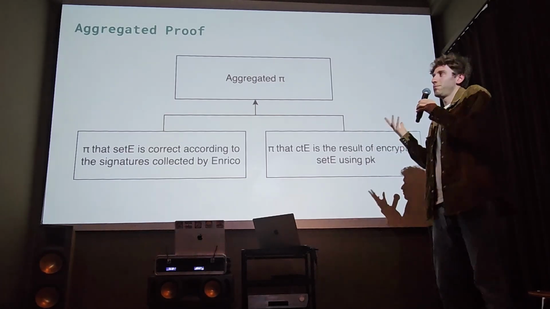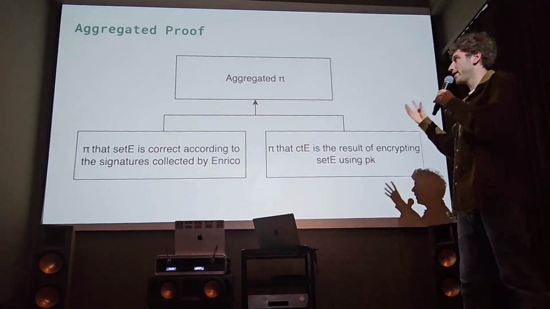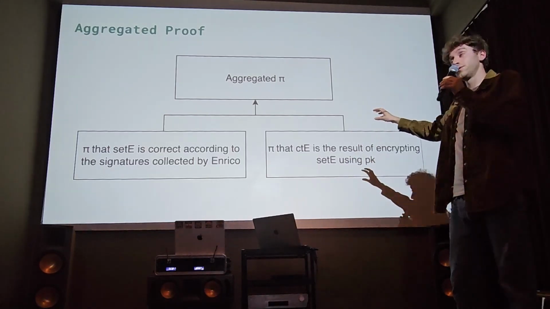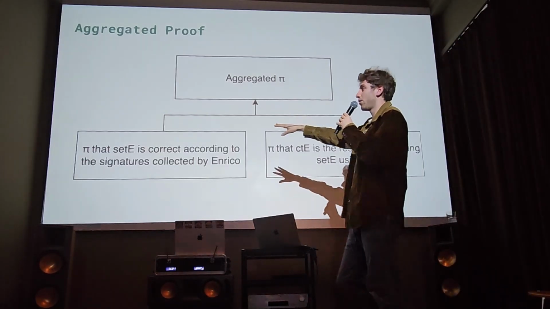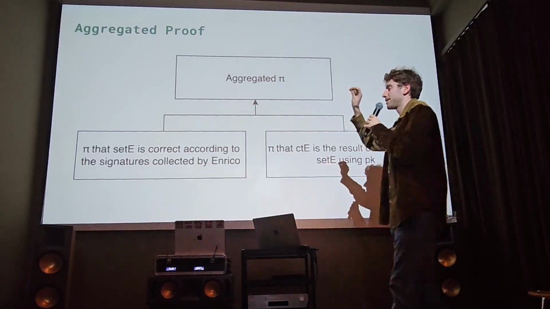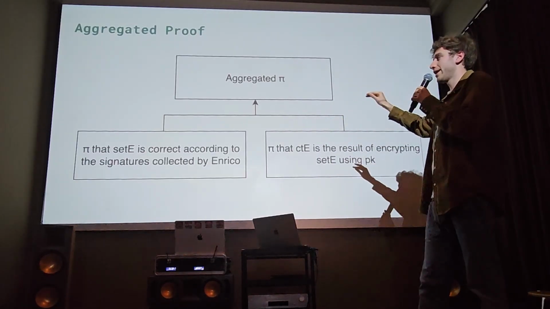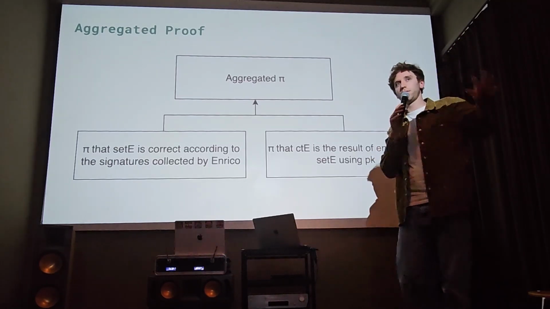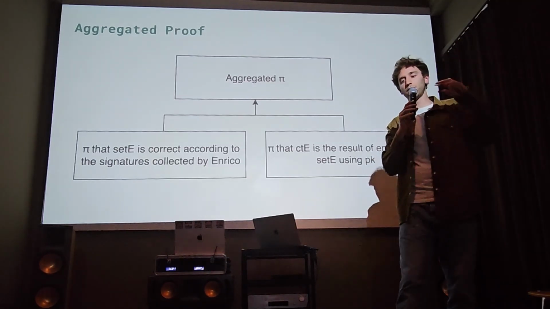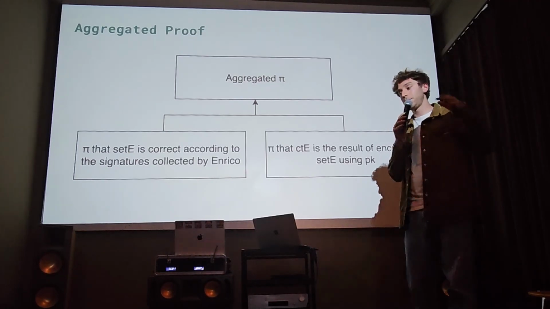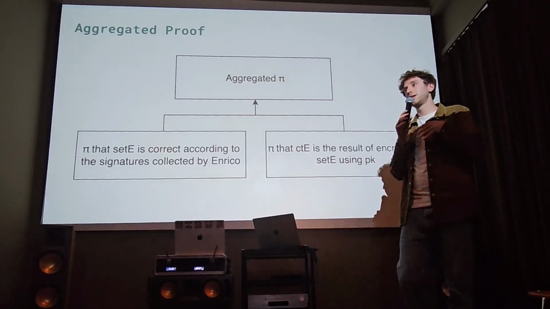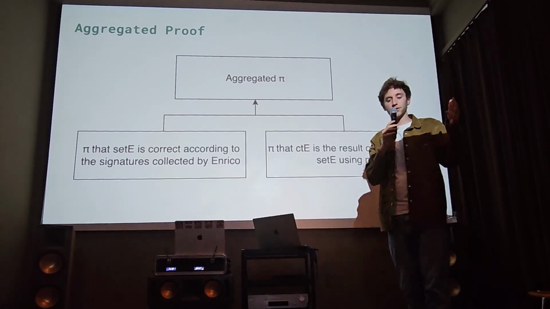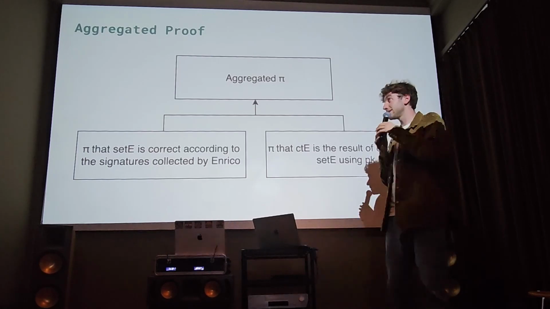Maybe there are different ways, but the way I would personally build that is by splitting into 2 different proofs. One proof says that set E is correct according to the signature collected by Enrico. This is more for the Cursive team, more specific to the application, but it can, for example, be built out of folding schemes, and this is also something that Jake is going to explain next.